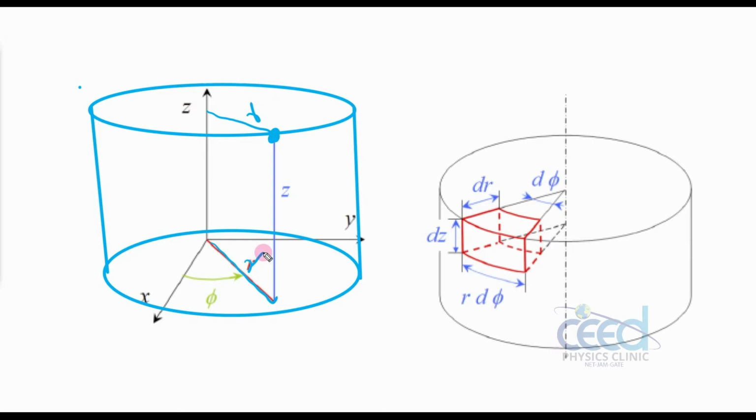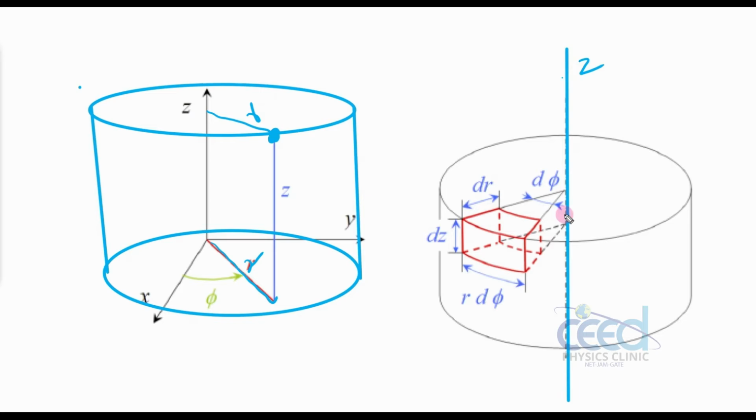Now suppose you are increasing a small d phi. If you consider the rotation like this, this is the natural axis of the cylinder, which I am taking as z. This is our z axis.